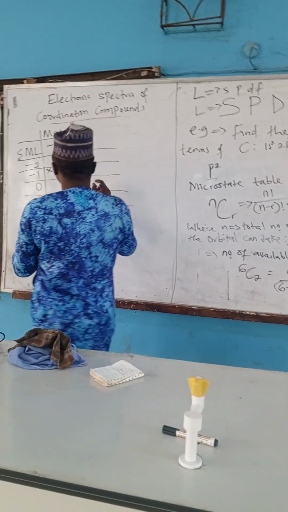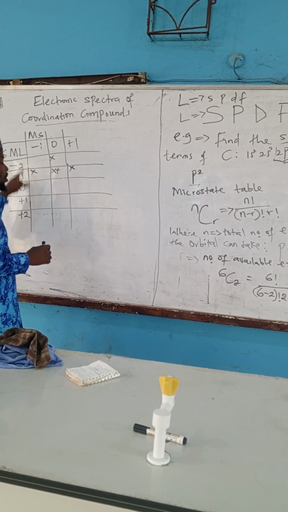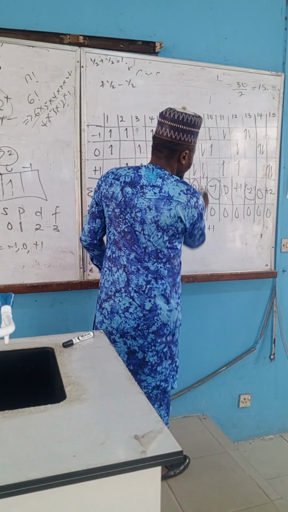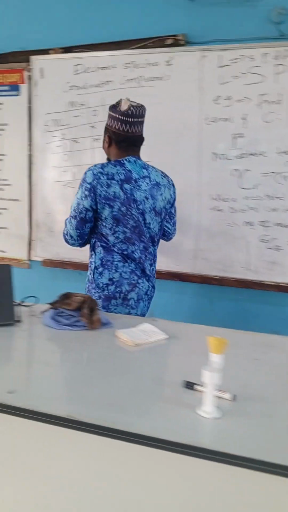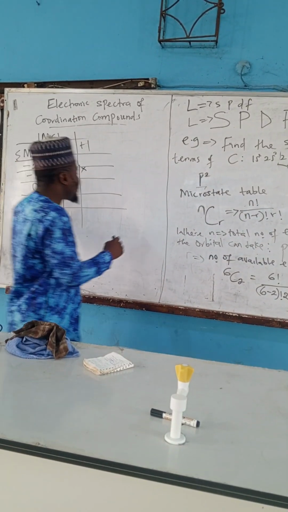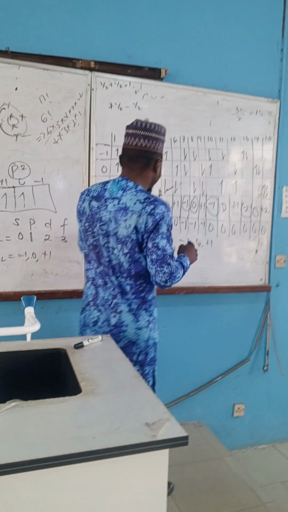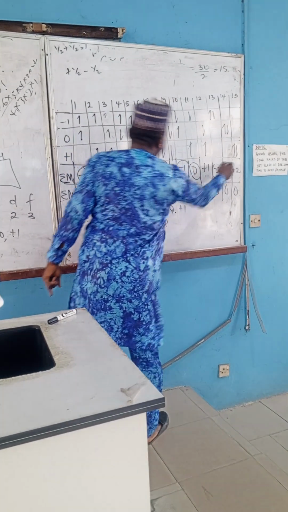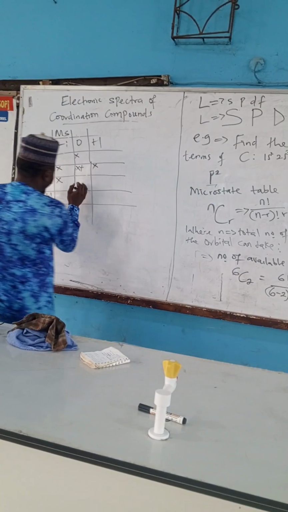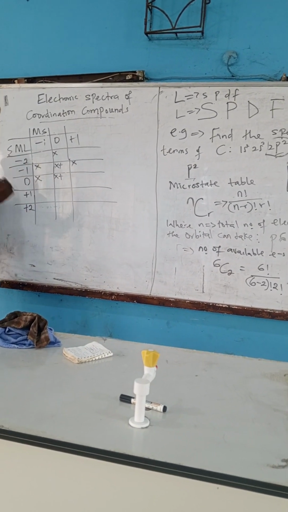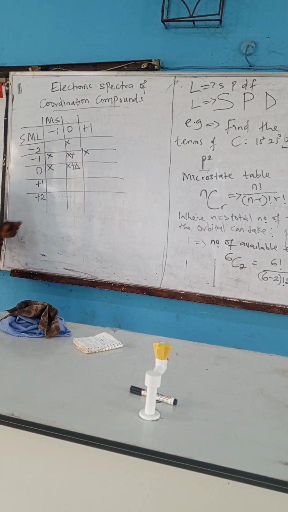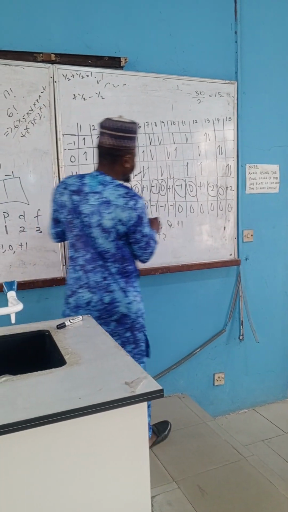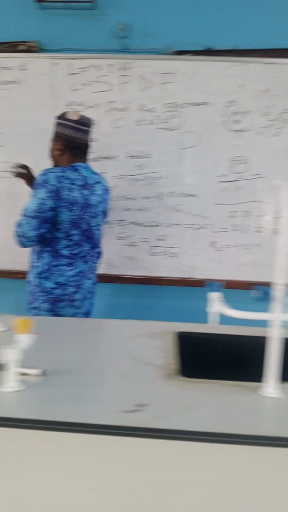Then 0 against minus 1, and that's all. 0 against 0: we have 1, 2, 3. 0 against 0: we have 1, 2. Look for any other symbol. Let's use a triangle. We have 3. 0 against plus 1, we have only 1.